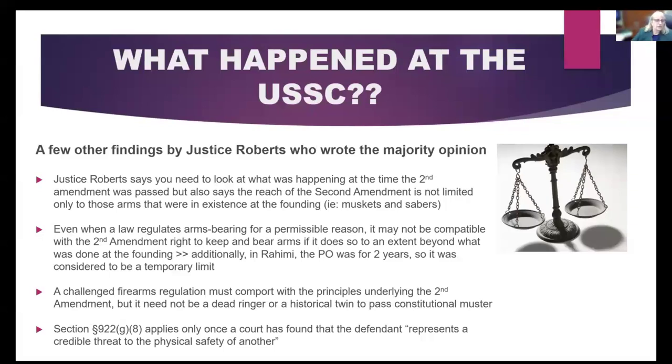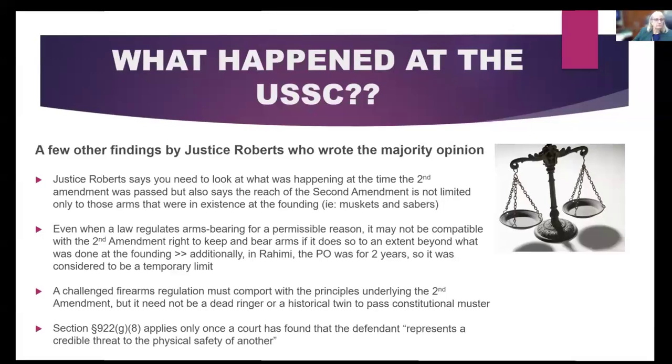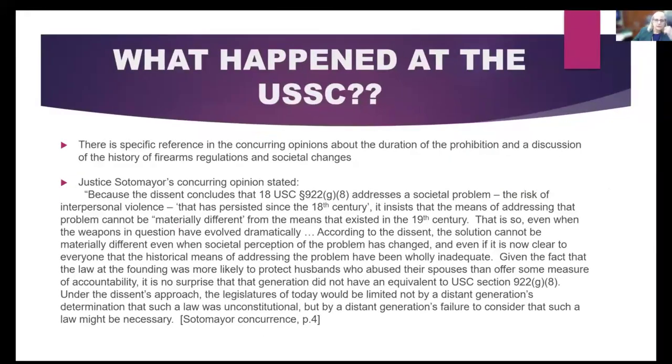That section, section 922(g)(8), applies only once a court has found that the defendant represents a credible threat to the physical safety of another. A little more to know, there is specific reference in the concurring opinions about the duration of the prohibition and a discussion of the history of firearms regulations and, again, societal changes.